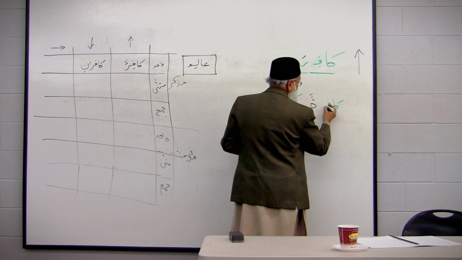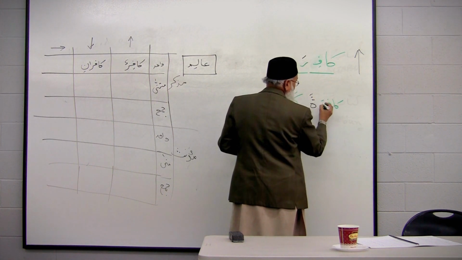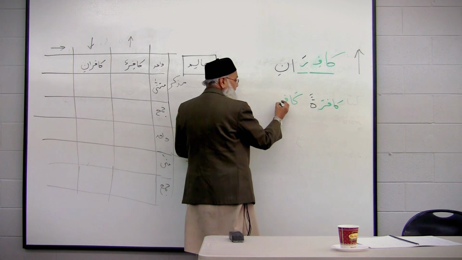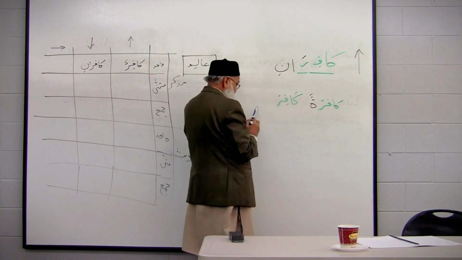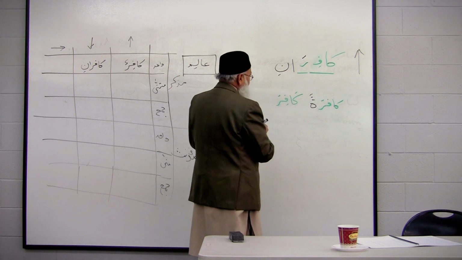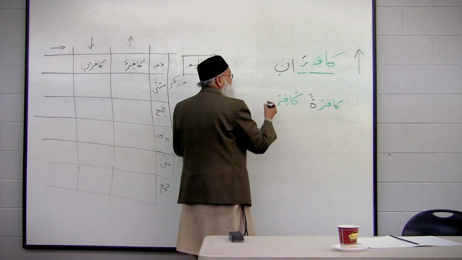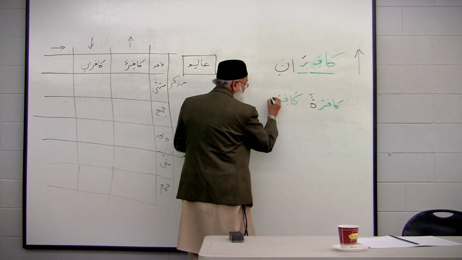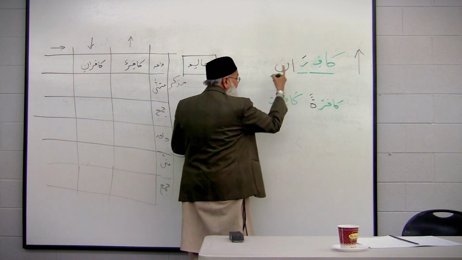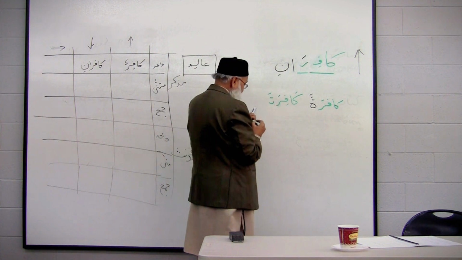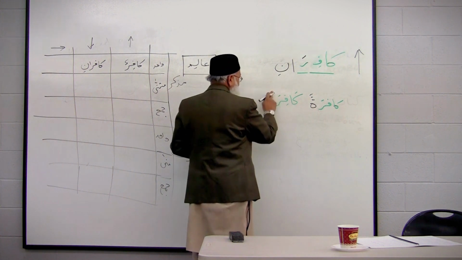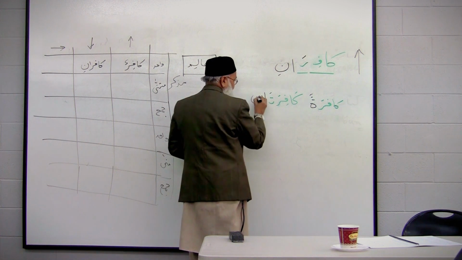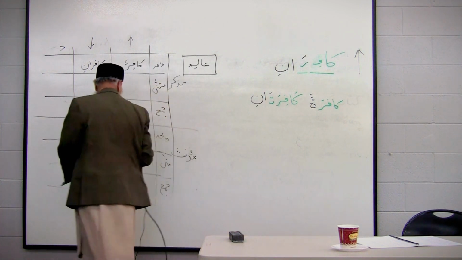This will come in the same color. Kafira, this was the last letter. So kafira, and then you will have ta. It has to have zabar, and then you have to add, sorry, zabar will be in the black color because this is of the formula. Kafiratani. Put it here.